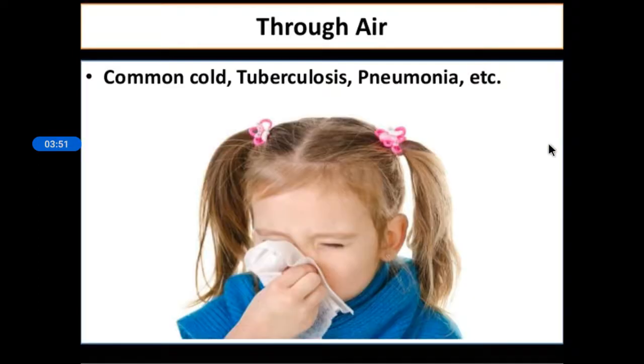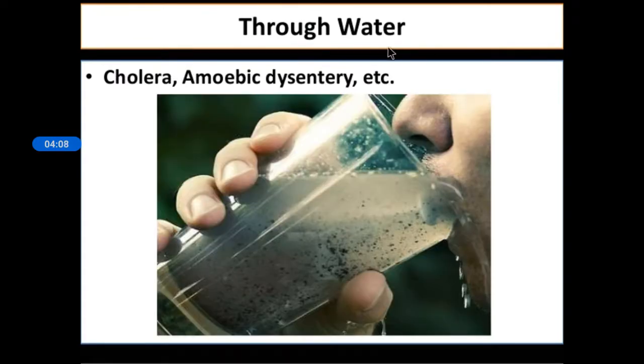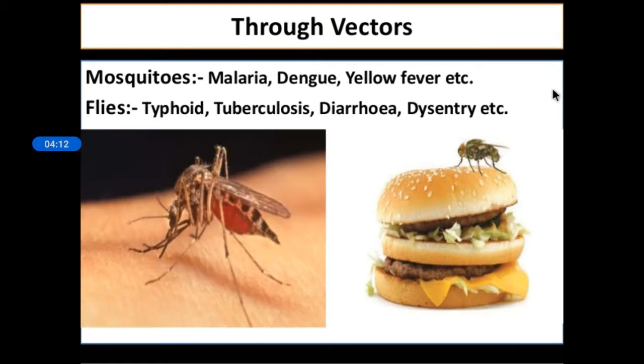The diseases which spread through air, you must know the examples of it, as the question will be asked. Common cold, tuberculosis, TB, or pneumonia. These are the diseases which spread through air. Then through water: cholera, amoebic dysentery. Then through vectors, that means those which act as a carrier.